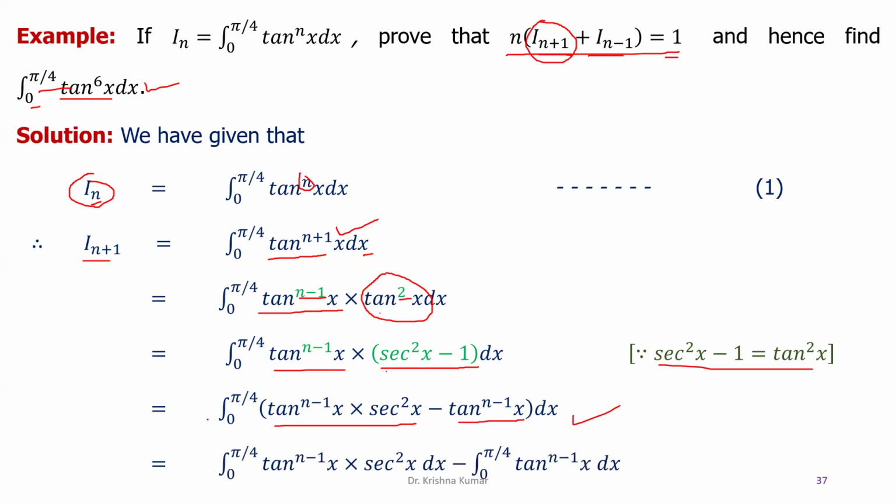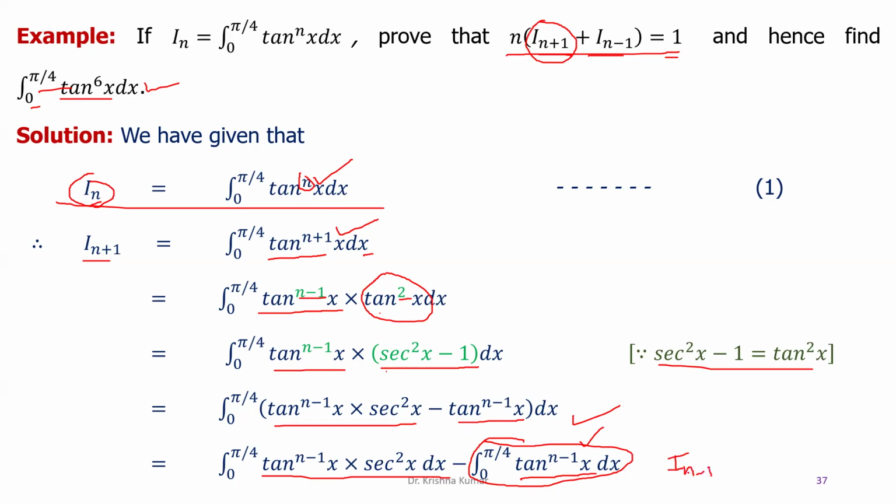So now we can again separate the terms: the integration under the limit 0 to pi by 4 of tan to the power n minus 1 x into sec square x dx, minus the integration of tan to the power n minus 1 x dx under the limit 0 to pi by 4. Now if we compare this with equation number 1, in place of n it is n minus 1, so we can write this as I_(n-1). So let us go ahead.